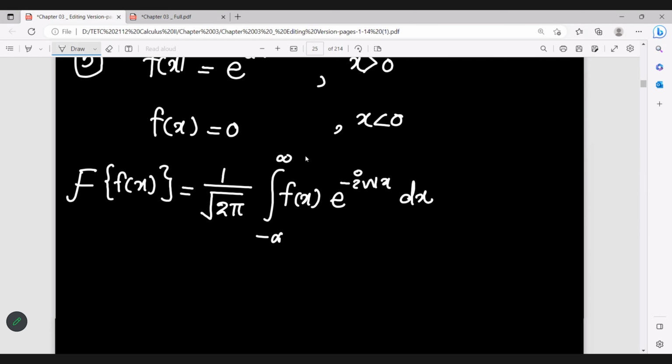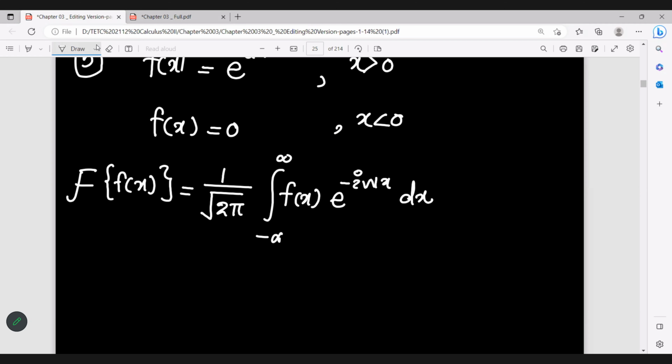So here we can see that the function is defined one way for x greater than 0 and another way for x less than 0. So we can divide the limit of the integration into two pieces.